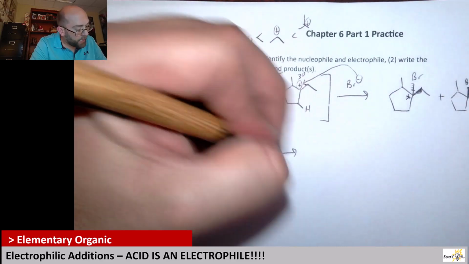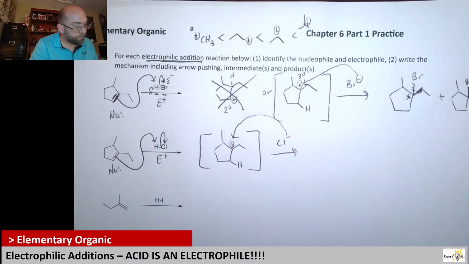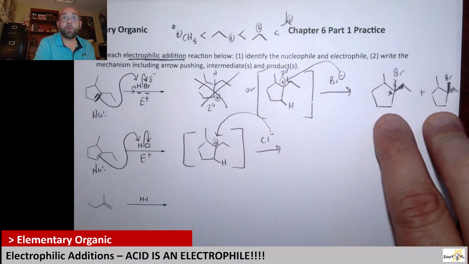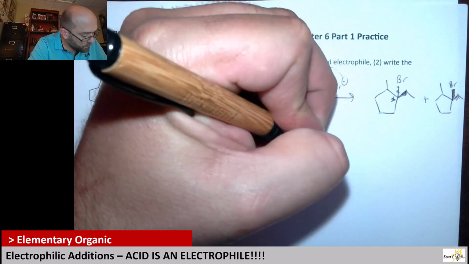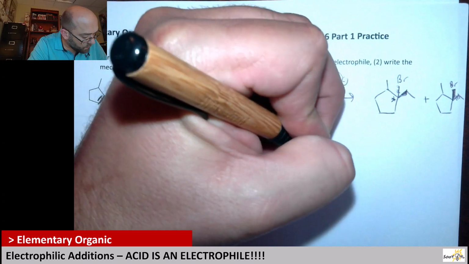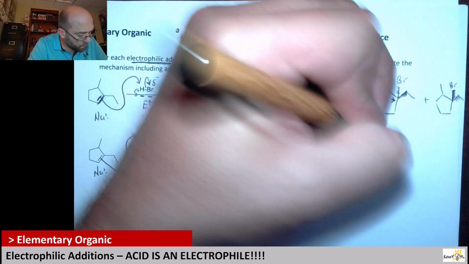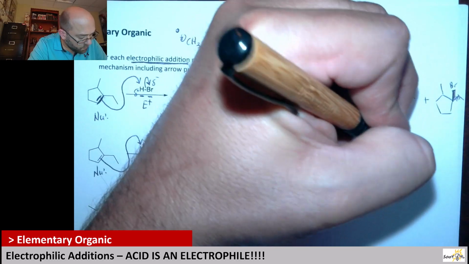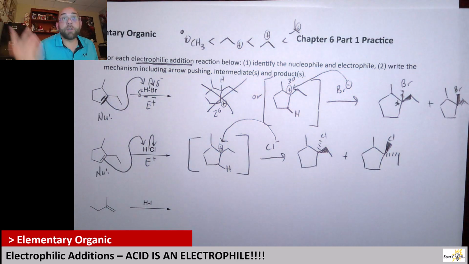So then your chloride ion can come in and attack that positive carbon center and give us a racemic mixture of products like we had over here with the bromine. All right, so the only difference was what halogen did we put on there, bromine or chlorine.